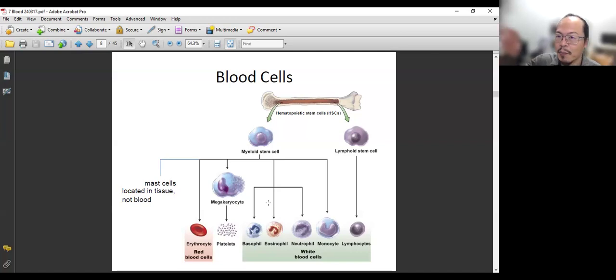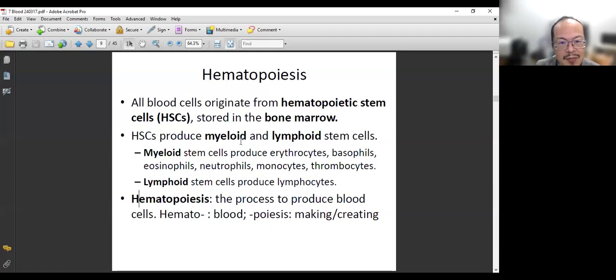And the origin, basically the mother of all these cells, is called the hematopoietic stem cell. Hematopoiesis is the process. Hematopoietic stem cells, HSC, are the stem cells for so many different other cells.